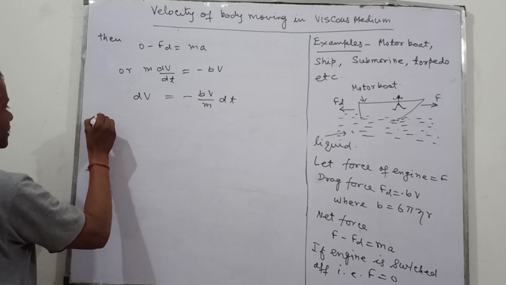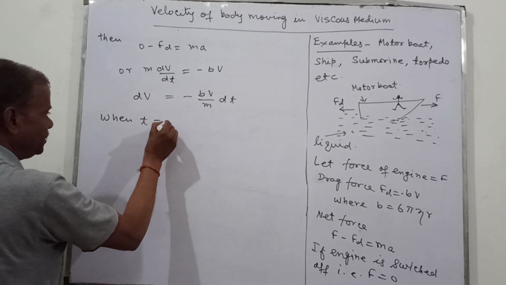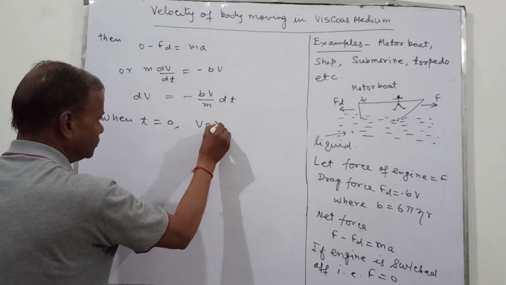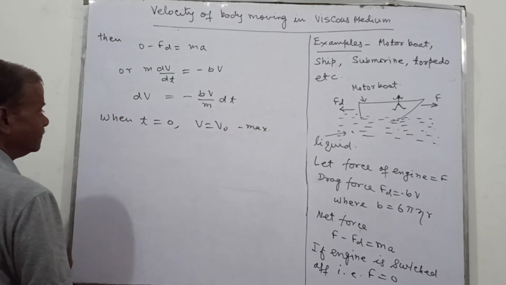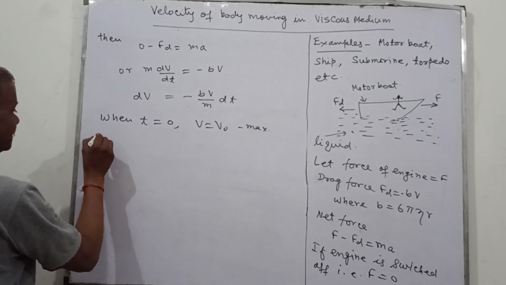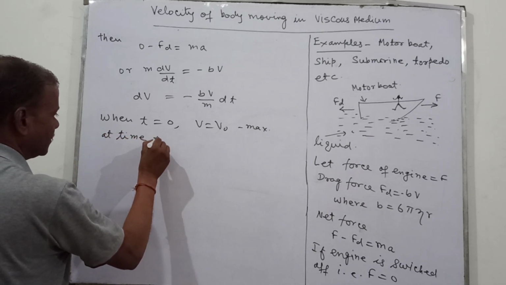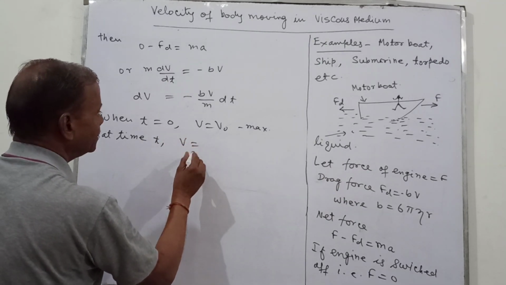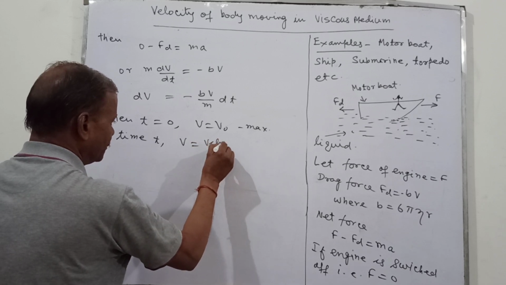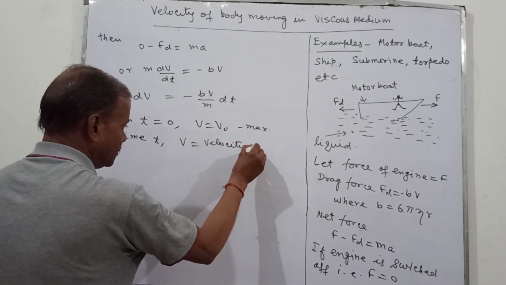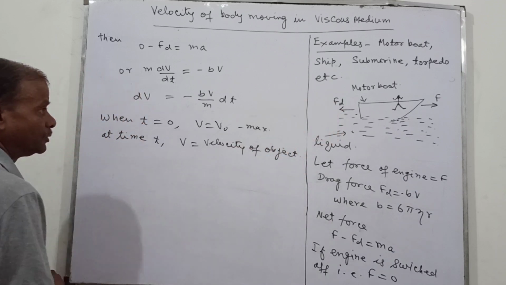So now when t equals 0, v equals v0, the maximum speed, and at time t, v equals the velocity of the object or the motorboat.